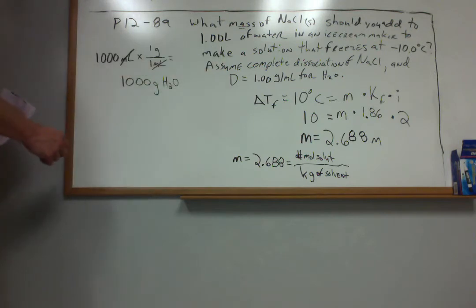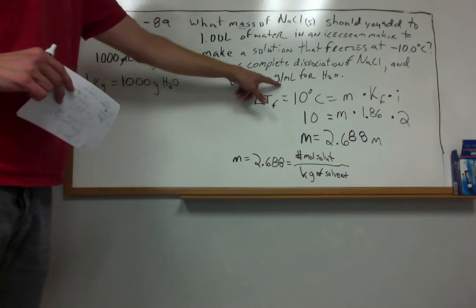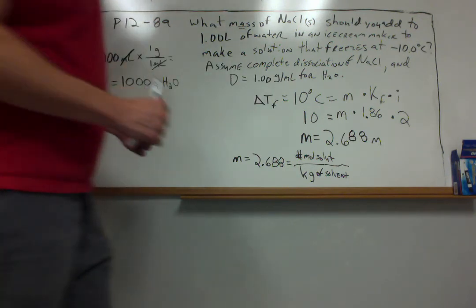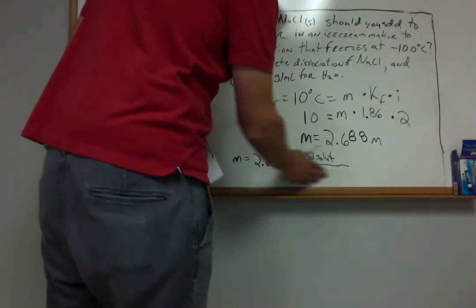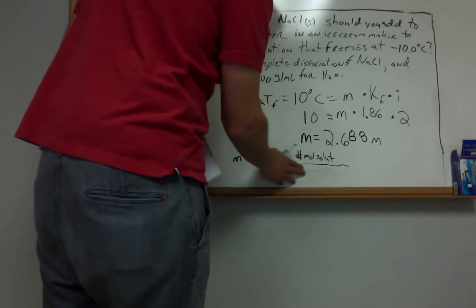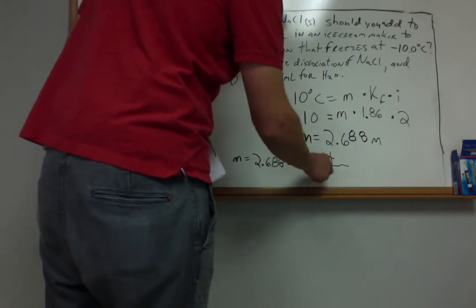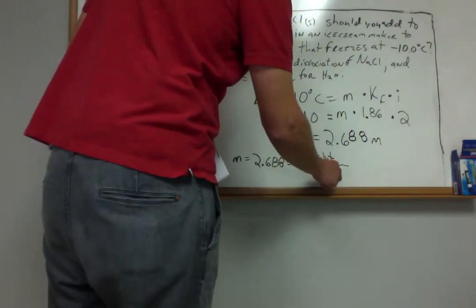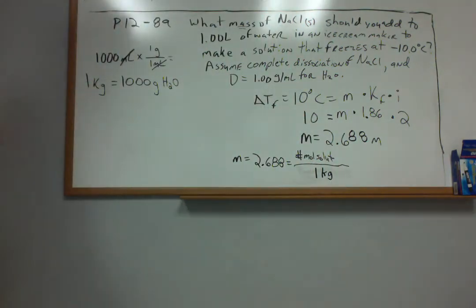And 1,000 grams is equal to exactly 1 kilogram. Maybe that was obvious, maybe not, because the units are different, okay? But the beauty of that is my kilograms of solvent, my kilograms of water here, is 1. It makes my life a little bit easier. Whenever you have 1 in the mathematics, things kind of simplify out.